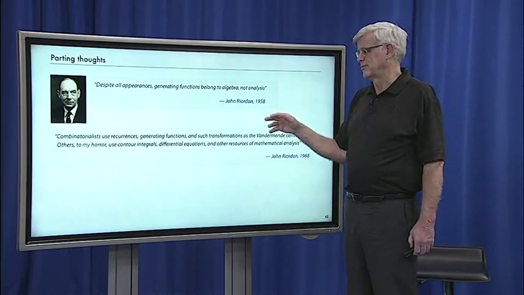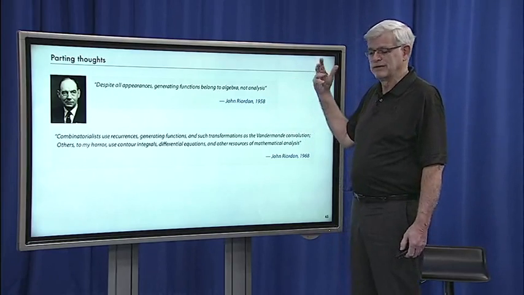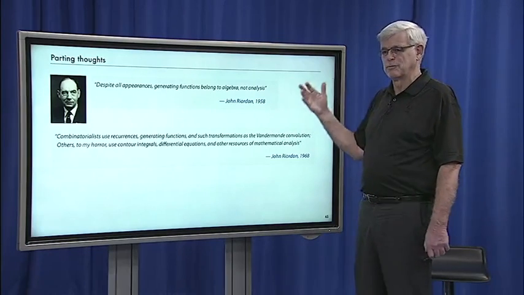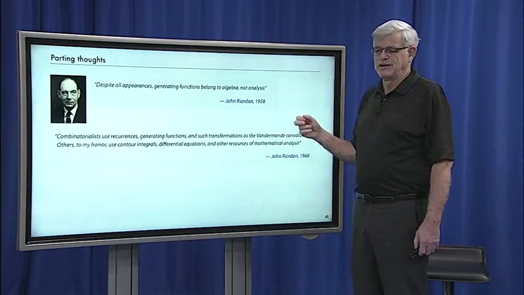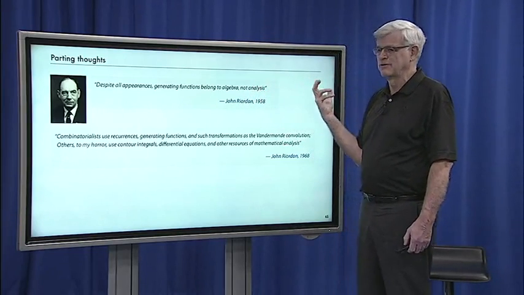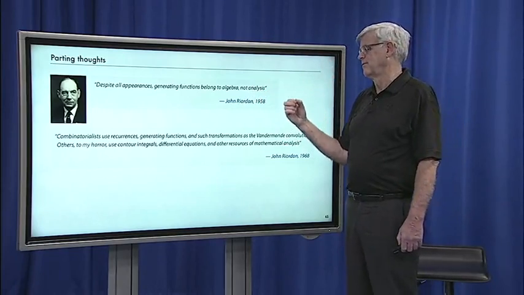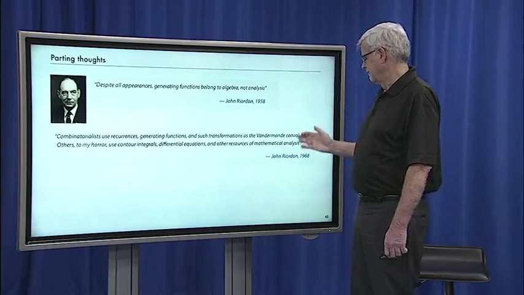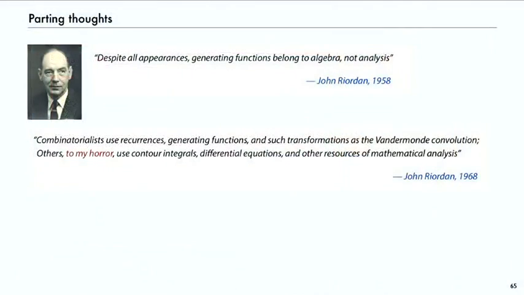And we saw some examples of that in part 1 of the course early on, for those of you that took part 1, like the Vandermonde convolution, which is a sum convolving binomial coefficients that's easily proved via generating functions. And what Riordan said in his second book: combinatorialists use recurrences, generating functions, and such transformations as the Vandermonde convolution.